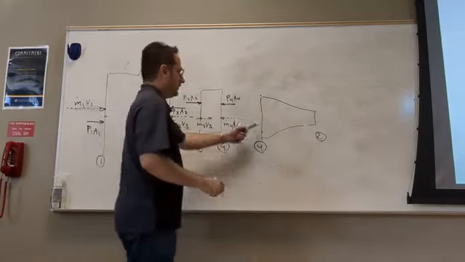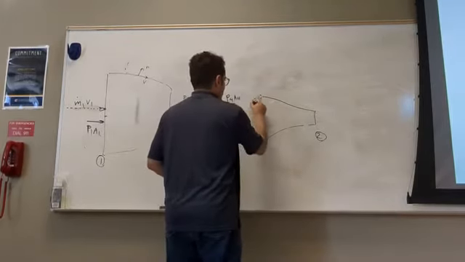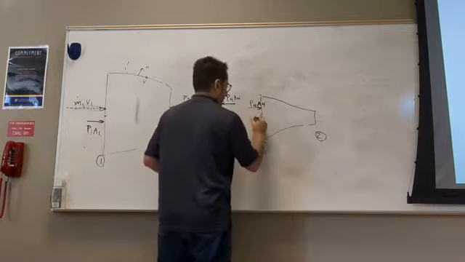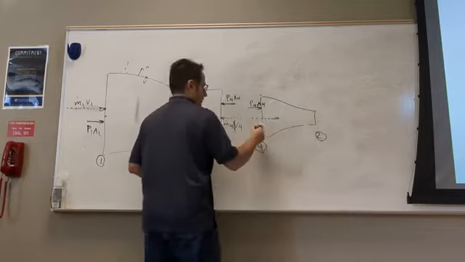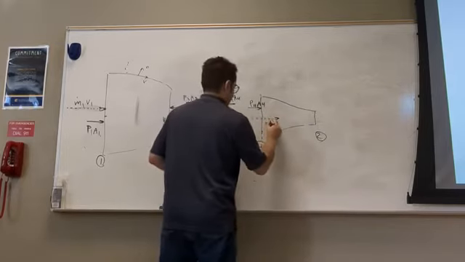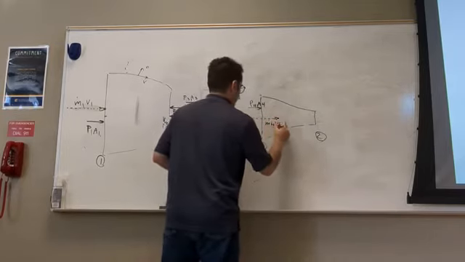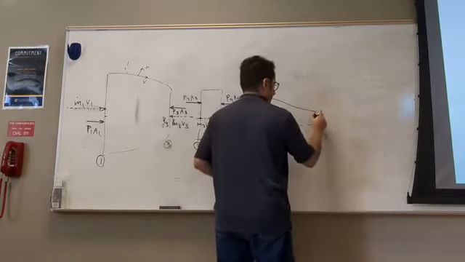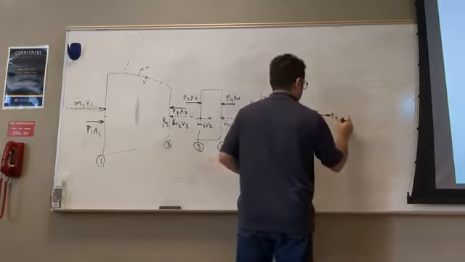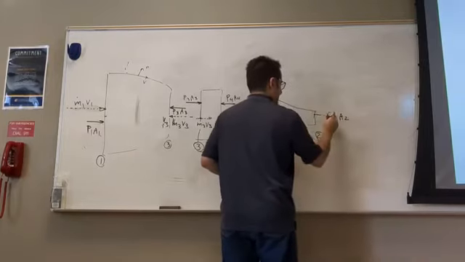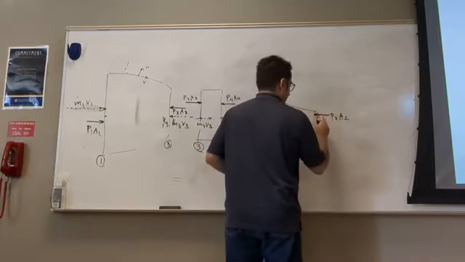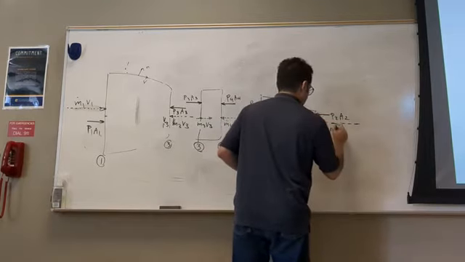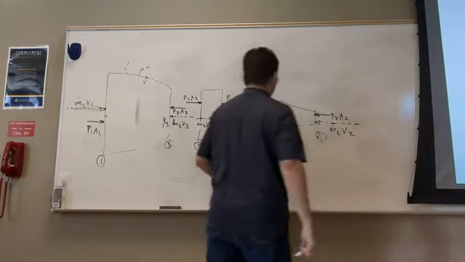Nothing here, and then finally P4, A4 opposite here, M dot 4, V4. Nothing here, and the last thing you have here is P2, A2, in the other way, and then the inertial load is M dot 2, V2.